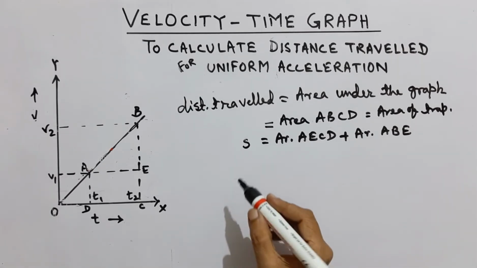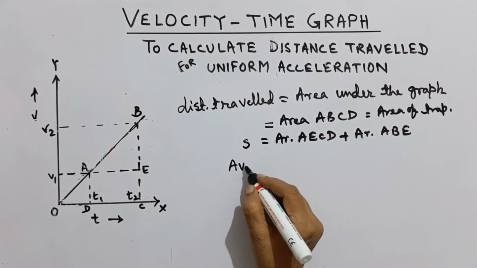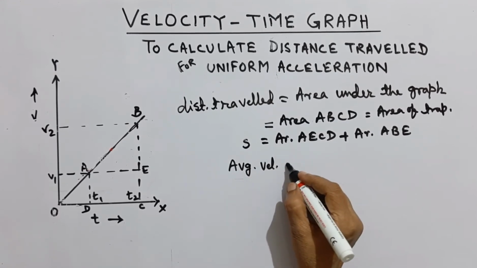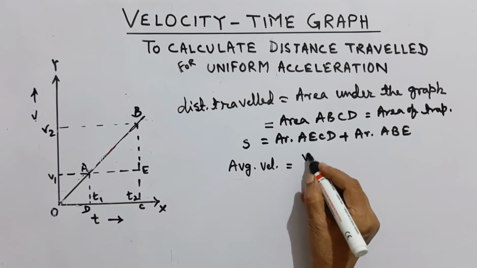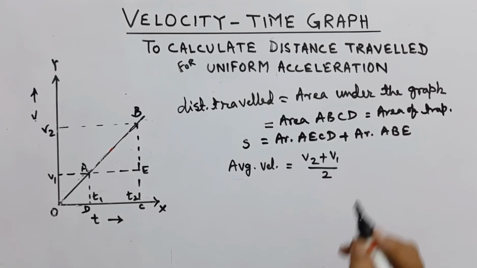Now if you remember, the average velocity is calculated as v2 plus v1 upon 2.